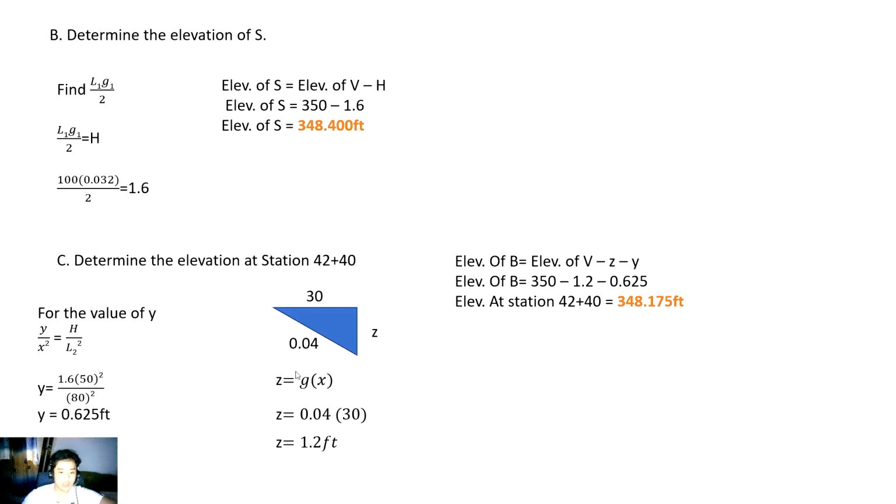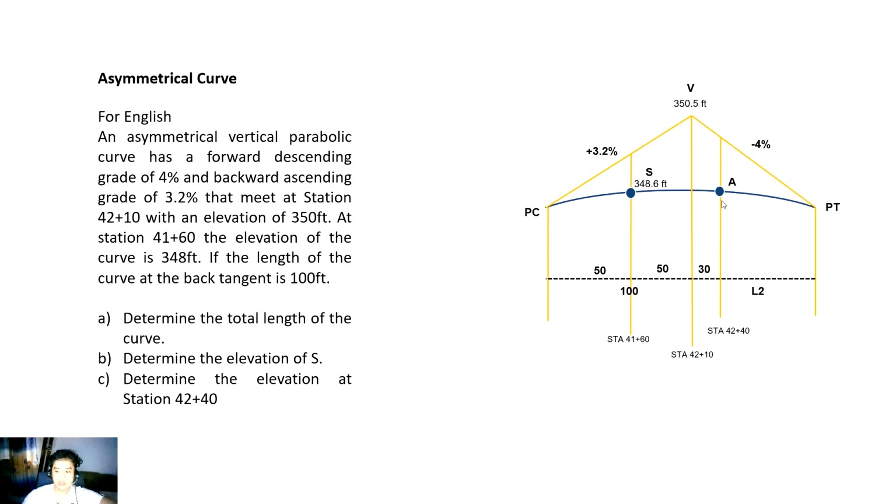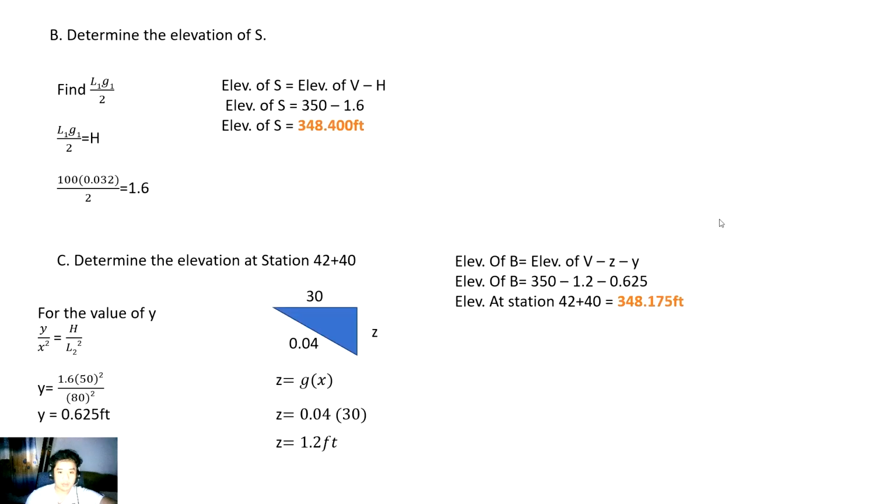Then next, kukunin natin yung Z. So para makuha yung Z, gagamit ulit tayo ng triangle, which is yung kanina. So ito ulit siya. Itong part ulit na to. So para makuha natin yan, gagamitin ulit natin yung formula na G times X. So, yung 30, which is yung X, then yung G, which is yung sa 4%, so 0.04. Then, makukuha natin ang Z. Pag pinag-times natin yung 0.04 times 30, then ang Z ay magiging 1.2.